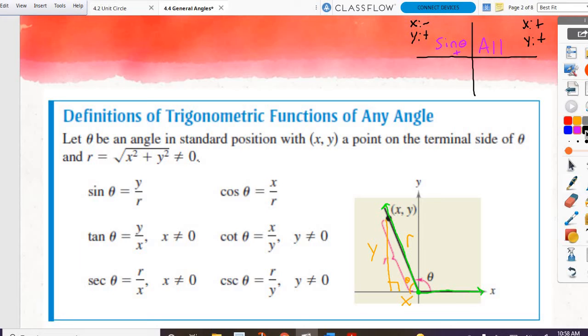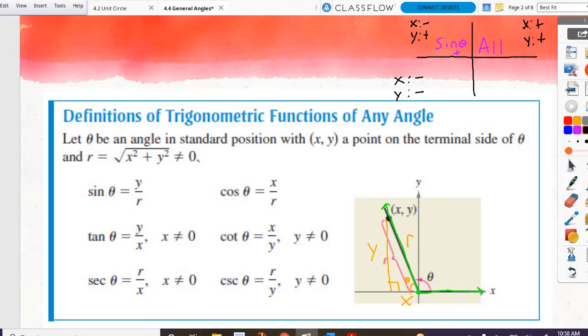So in my third quadrant, which are negative? Both are negative. So what does that mean sine will be? Is r negative or positive? R is a distance, right? R is your hypotenuse. Can I take the square root of a negative number?